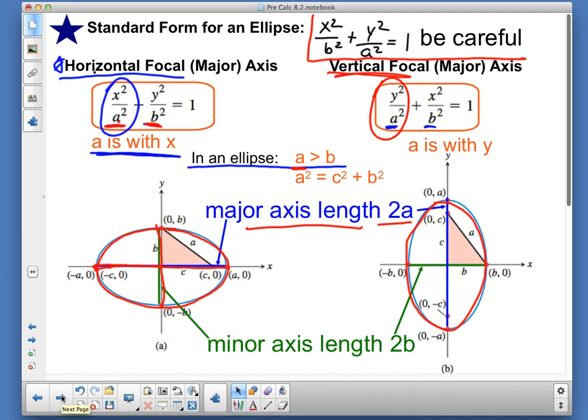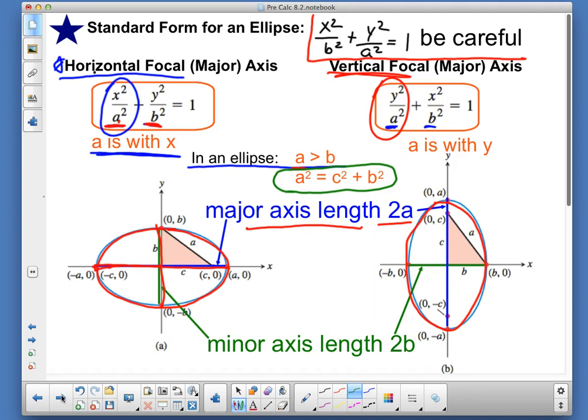Now, one other relationship that seems confusing. A squared equals C squared plus B squared. Because, well, Pythagorean theorem is A squared plus B squared equals C squared. What's the deal? We're talking about the relationship of the major axis to the minor axis and foci location.